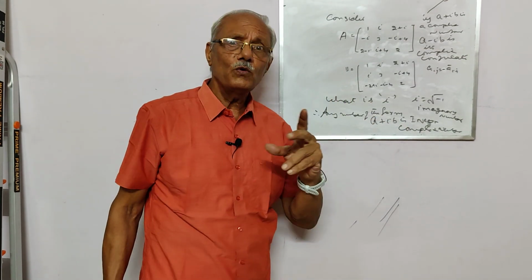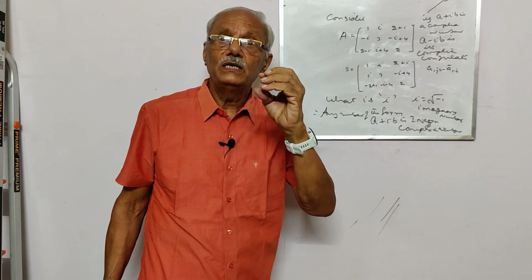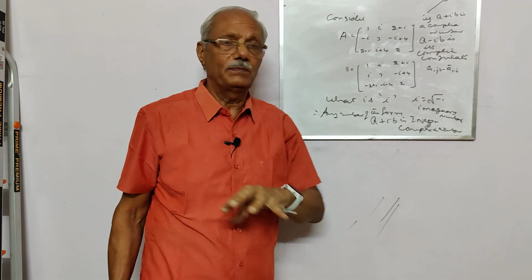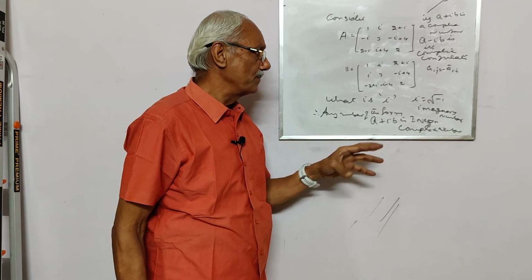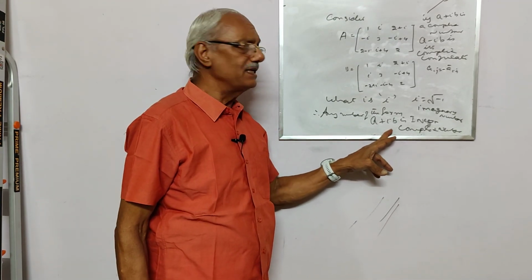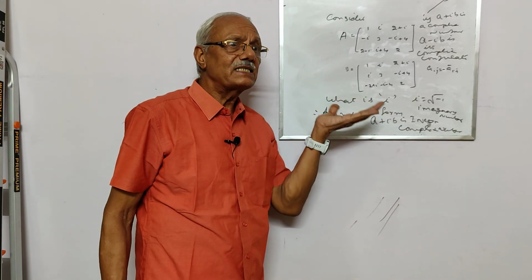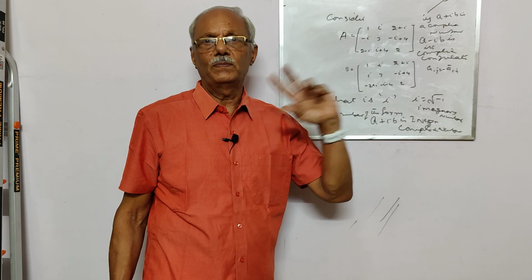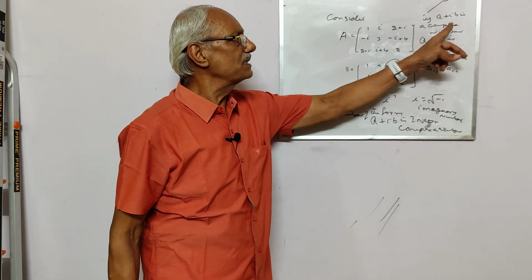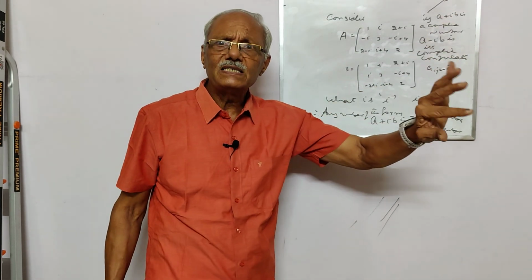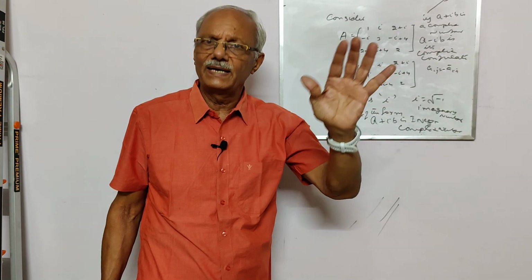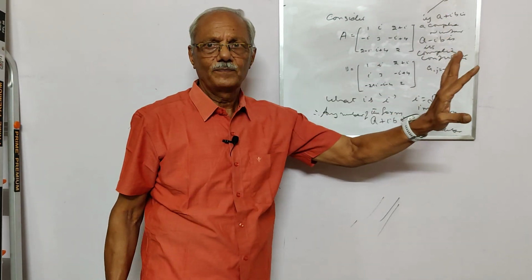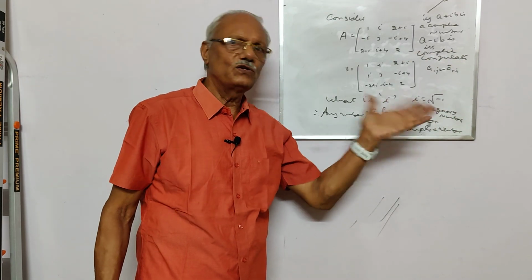One more concept that should indispensably be known by students is the complex conjugate. The conjugate of a plus ib is obtained by simply changing this plus i to minus i. Change the sign from plus to minus. If it is plus i, change it to minus i.